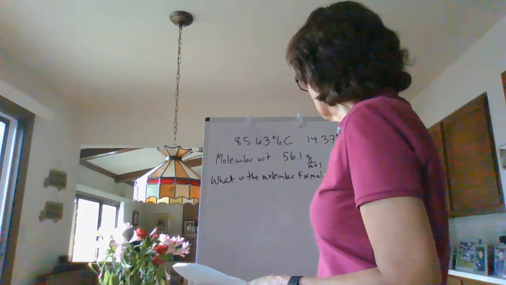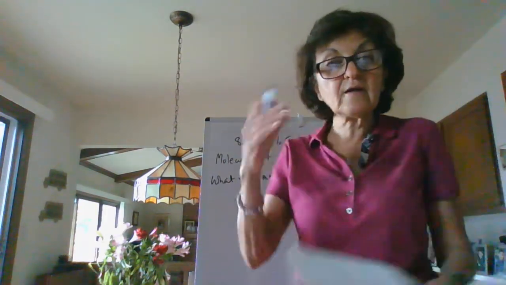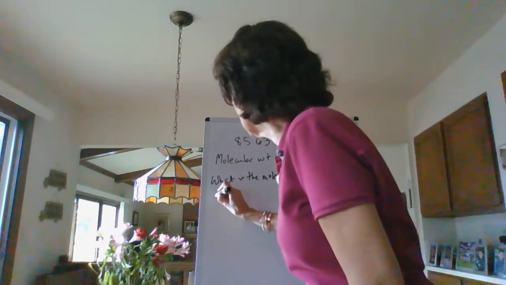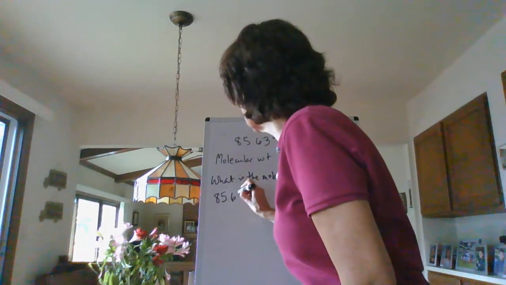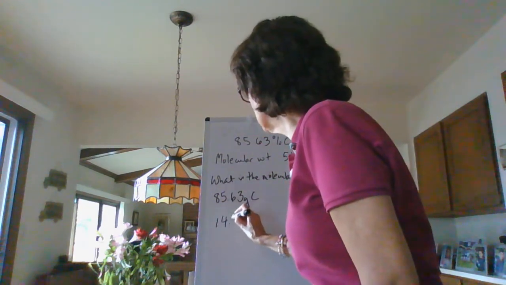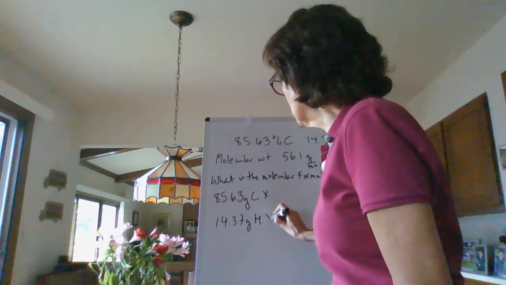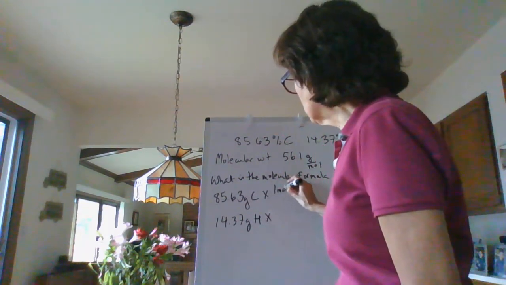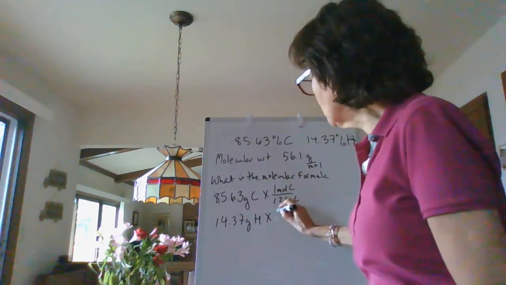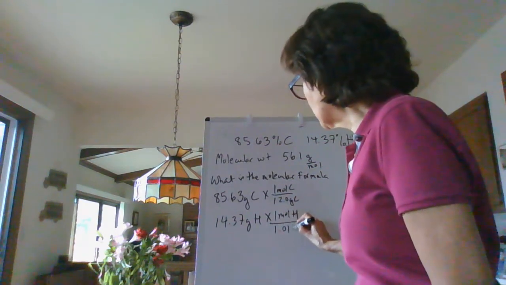All right, remember what the rules are. You first have to find the empirical formula. So let's follow what we did in the last video. We're going to assume a 100 gram sample. So we have 85.63 grams of carbon, and we have 14.37 grams of hydrogen. We get the molar mass of carbon. 1 mole of carbon is 12 grams. 1 mole of hydrogen is 1.01 grams.